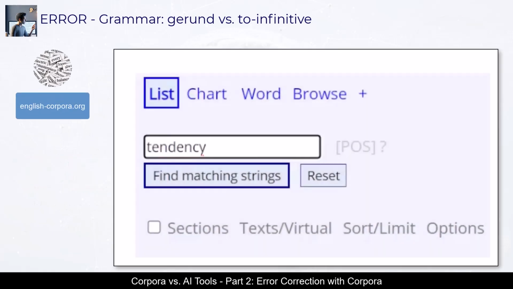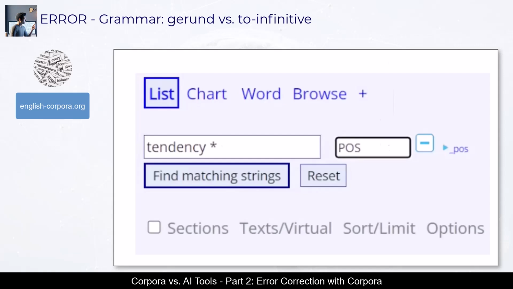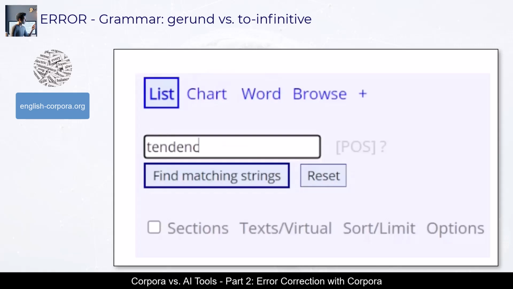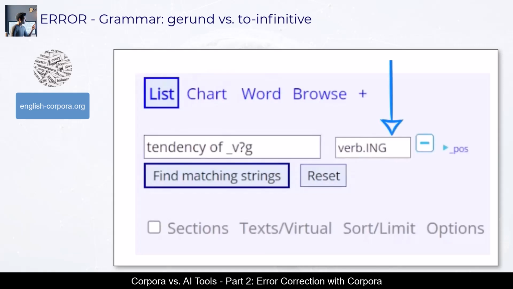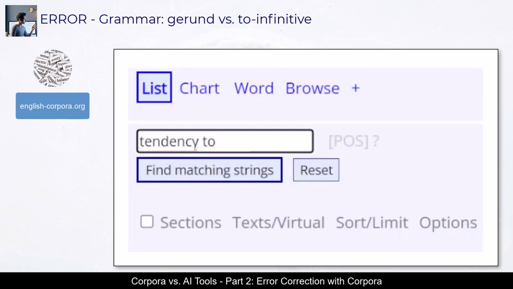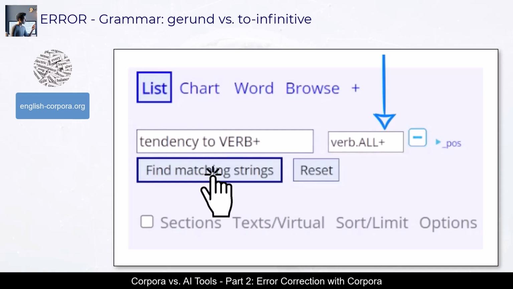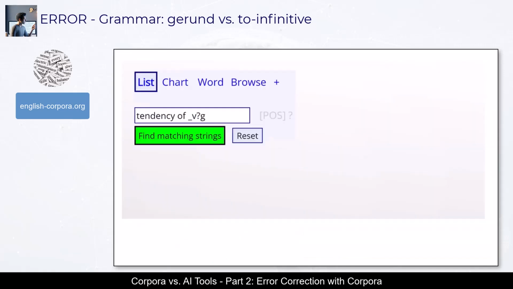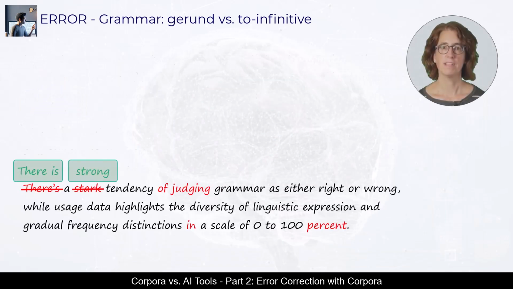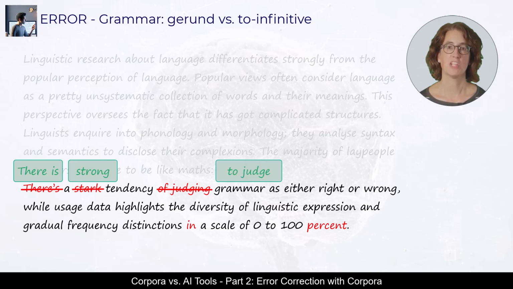After the noun tendency, a suitable and rather general corpus search quickly shows that the to-infinitive seems to be the much more frequent option. 2 more specific corpus searches confirm this first impression with reliable frequency data. Therefore, tendency of judging should be replaced with tendency to judge.